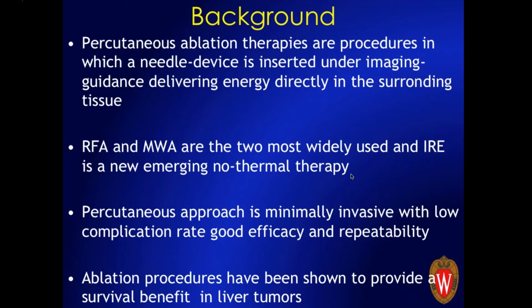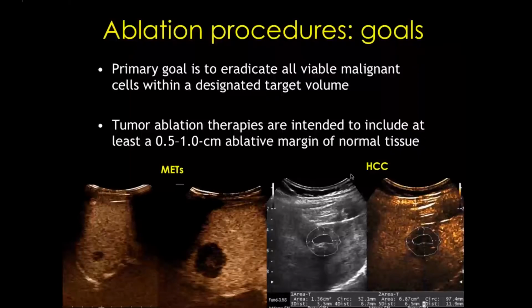Why a percutaneous approach? Because it is minimally invasive with a low complication rate, good efficacy, and repeatability. In the literature, the ablation procedure reported very good survival in the patients treated.